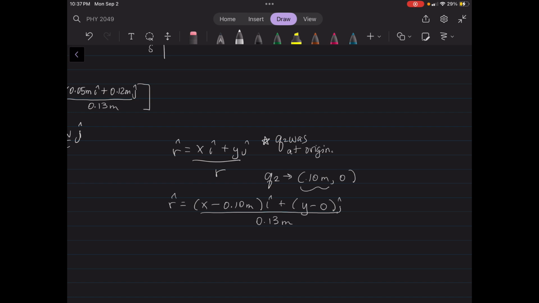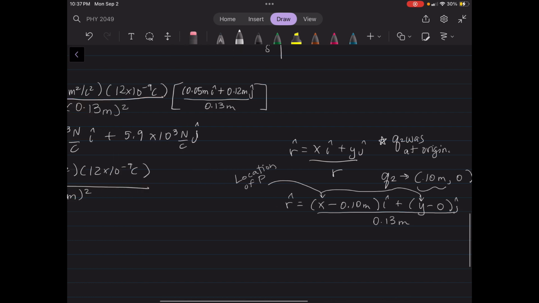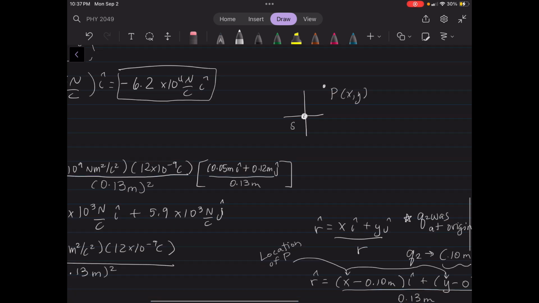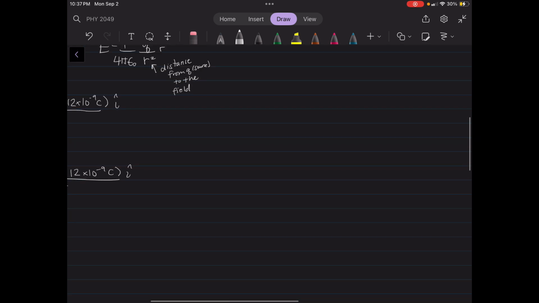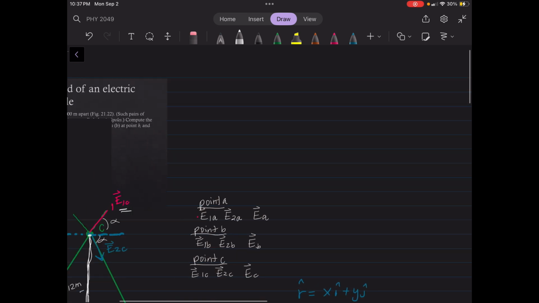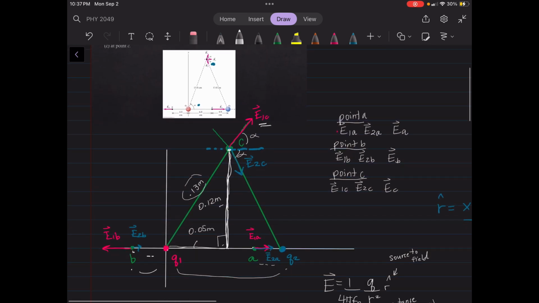So what is our x and y coordinate of the point, not of Q2, we already did that. What are these locations? These are the location of P, the place where we're measuring the electric field. Let's go figure out where that is. Well, we kind of did that already, didn't we? It's at point C, which is over 0.05 meters and up 0.12 meters.